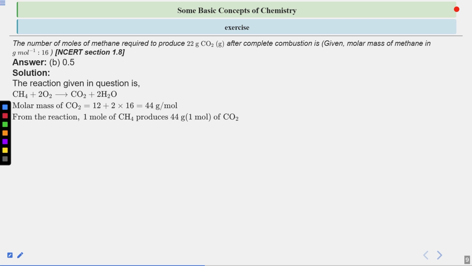It is very clear from the reaction that 1 mole of methane reacts to give 1 mole of carbon dioxide, which is 44 grams, because one mole has a mass of 44 gram. We are seeing that in the reaction, 1 mole of methane is producing 1 mole of carbon dioxide.